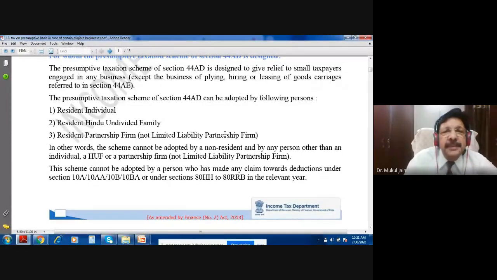But not a limited liability partnership firm, or if you opened a company, then the scheme is not for you. Not for a company, because for companies the norms become very tough. They cannot avail it, whether it is a private limited company or a public company, and even an LLP is also like a company, so not for LLPs. So in other words, the scheme cannot be adopted by a non-resident or by any person other than an individual, HUF or a partnership firm, but not an LLP.